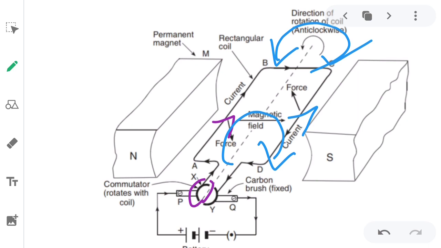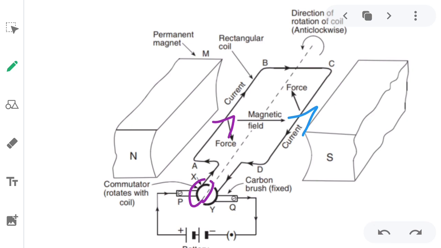It happened just because of changing the direction of current. If we do not use the commutator, it will rotate in a single direction only, and then it will not be able to do the work which we are trying to get through it.